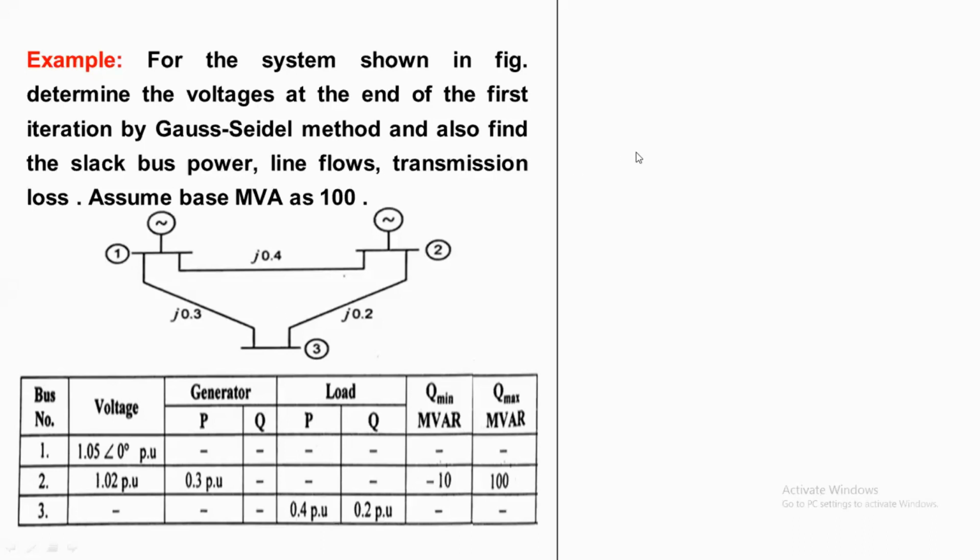For our manual calculation, I start the problem from forming the Y-bus matrix. For manual calculations, our first step is to form the Y-bus matrix. This is a 3-bus system, so the order of the matrix is 3 cross 3.